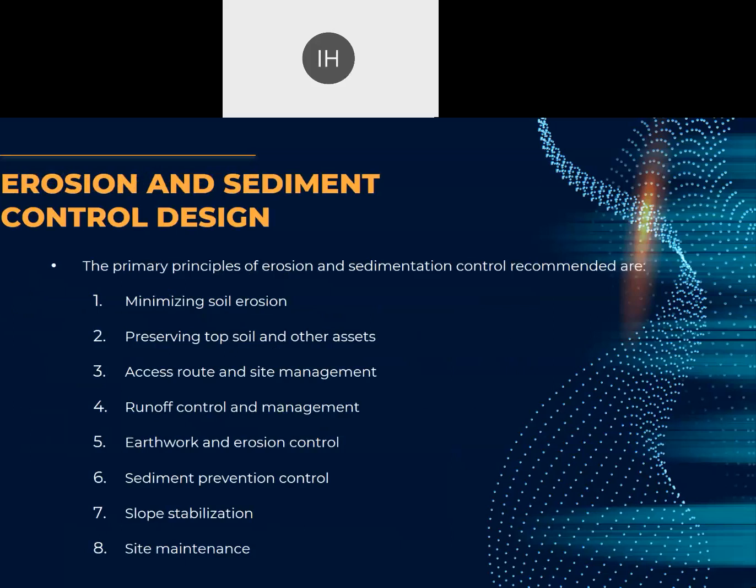Erosion and sedimentation control design. The primary principles of erosion and sedimentation control recommended are minimizing soil erosion, preserving topsoil and other assets, access road and site management, runoff control and management, earthwork and erosion control, sediment prevention control, slope stabilization, and site maintenance.